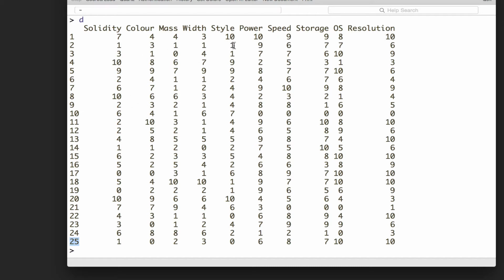So everyone rated from 1 to 10 how important each of these variables are to them when they choose a notebook. So we've got solidity, colour, mass, width, style, power, speed, storage, OS, and resolution.